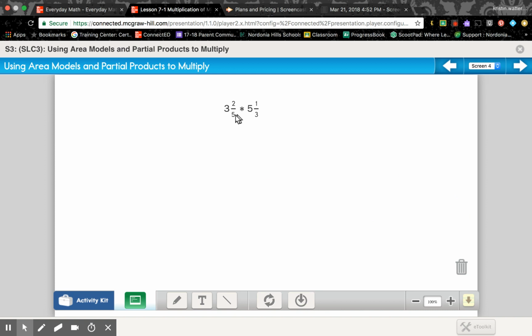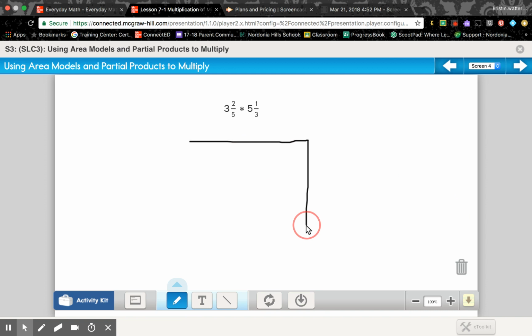So if I had to multiply 3 and 2/5 times 5 and 1/3, I would want to set up an area model. So the first thing I would do is draw a box, and I'm going to put 3 and 2/5 on top. So 3 and 2/5, and they have to go together.